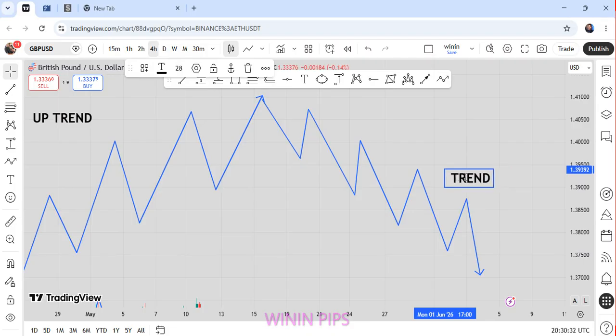So this is down. So this is our downtrend. Okay, this one, the impulse move goes down, it retraces up, then goes down. So that is that.